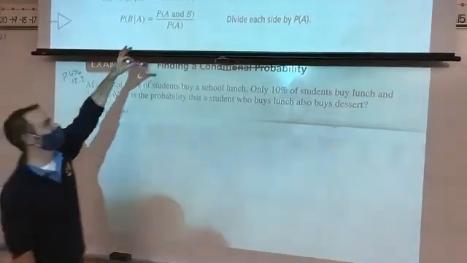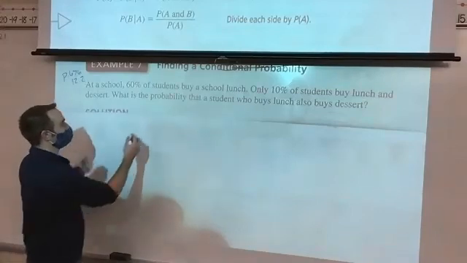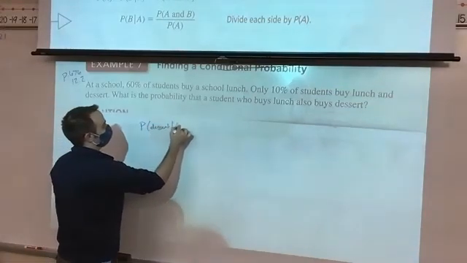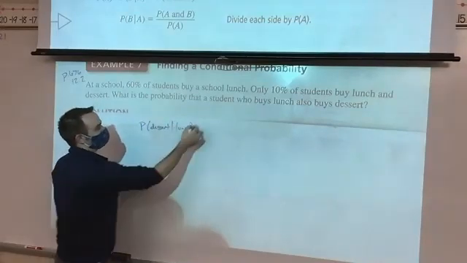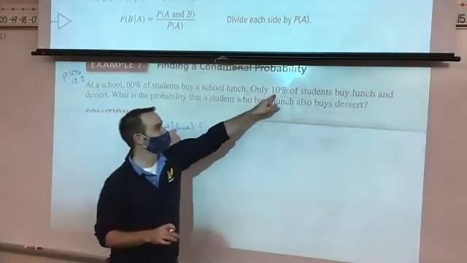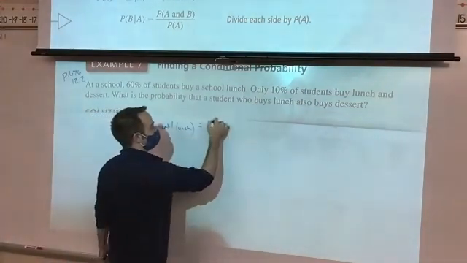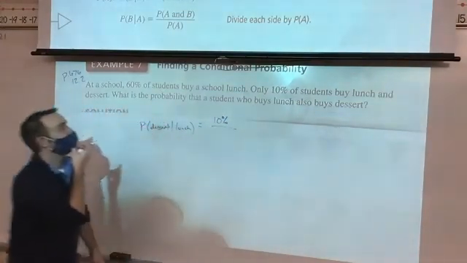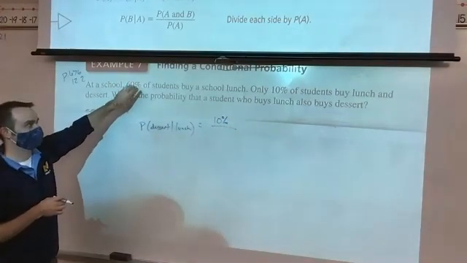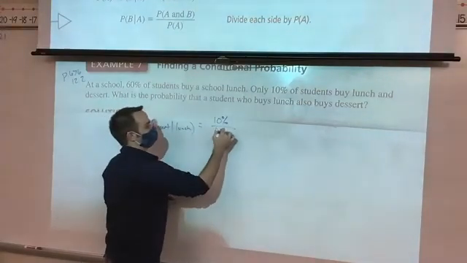So if we use that equation, we're looking for the probability of dessert, given that they've already bought lunch. We can take the probability that they do both, which is 10%, and divide it by the probability just of A happening, which is they bought a lunch, which was 60%.